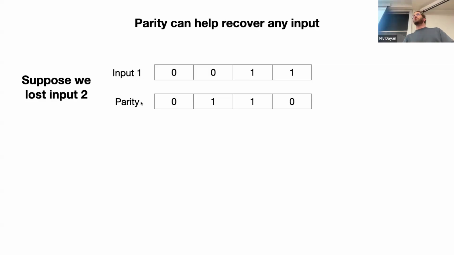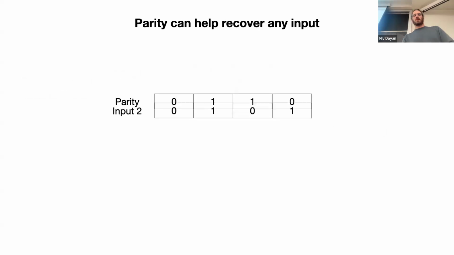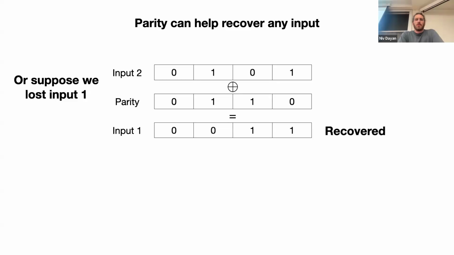We lost input 2, but we still have the parity. If we XOR the input that we still have with the parity, we get the input that we lost, input 2. On the other hand, suppose that we lost input 1 and we have input 2. Again, if we XOR input 2 and the parity, we end up with input 1, which is the one that we lost.